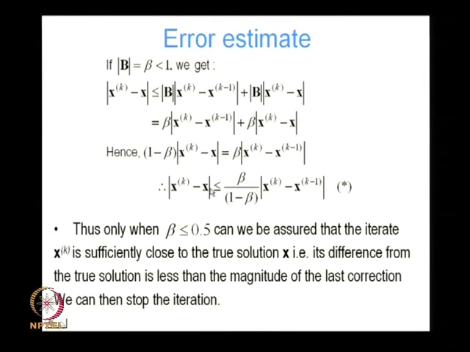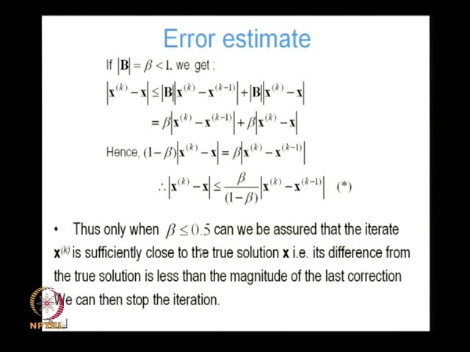Therefore, norm of x_k minus x is less than or equal to beta by 1 minus beta times norm of x_k minus x_{k-1}. We will see that this term, beta by 1 minus beta, is going to be less than 1 only if beta is less than or equal to half. Then we can be assured that this term is less than 1.